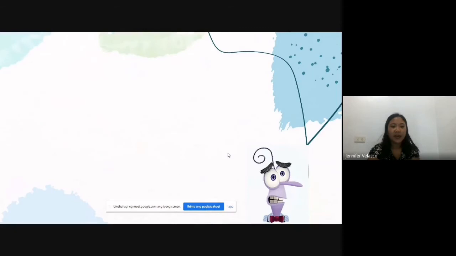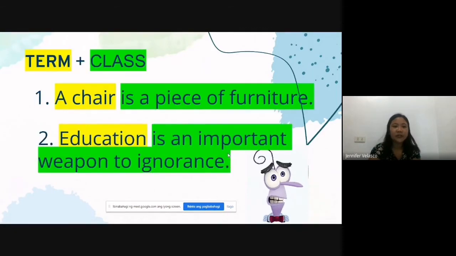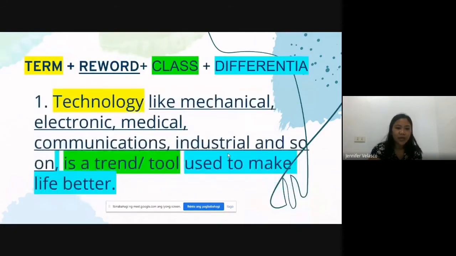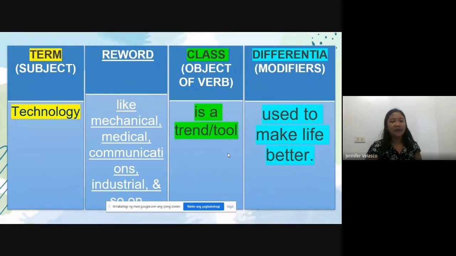And a while ago in this sentence, we used the verb is because the subject is technology, singular. So a singular subject also takes a singular verb, is. Again, if you're going to put them in columns, the subject is also the term, technology.